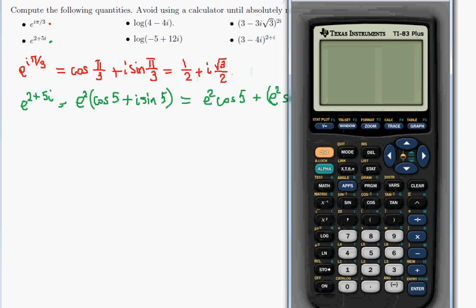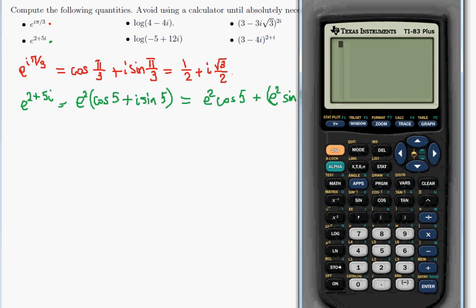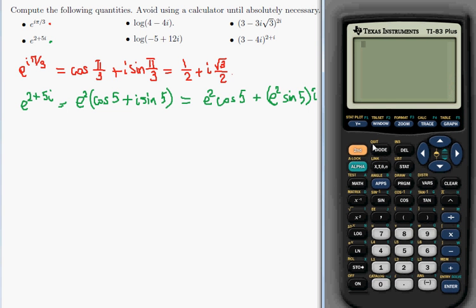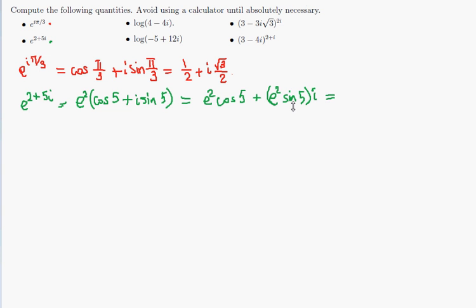So to do this by calculator, we want everything in radians, so let's confirm that. Here the mode of the calculator is in radians, so that's good. And so the real part would be e squared times the cosine of 5 radians, which works out to be about 2.096.